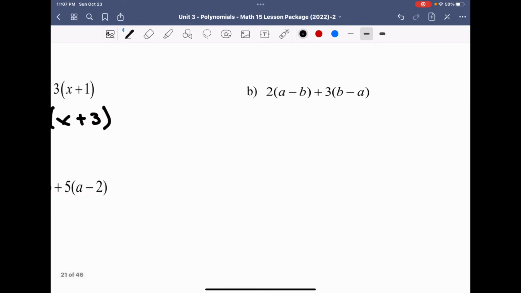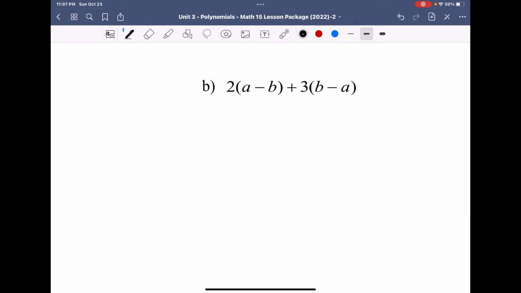If I go over to example 2b, in this case, I have a 2 being multiplied by a minus b, and a 3 being multiplied by b minus a. Are these common here? Not yet, actually, because what we should notice is a minus b and b minus a are in opposite order.